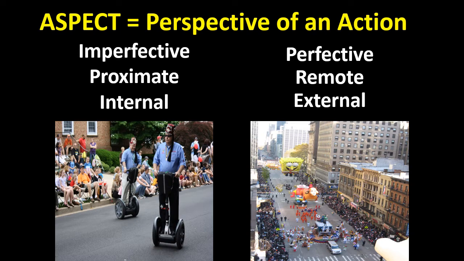The reason I'm explaining this is so that you realize that these terms are interchangeable, so long as you recognize that these are three sets of contrasts that essentially mean the same thing. So when I use this terminology, don't think that I'm referring to something different when I say imperfective versus perfective, and then I switch to proximate versus remote. I'm still describing the same thing, just with different terminology.